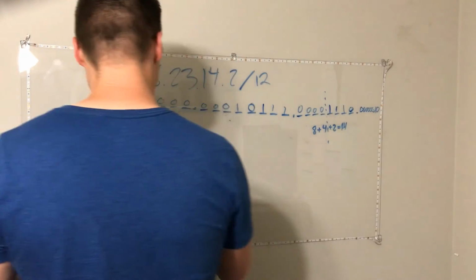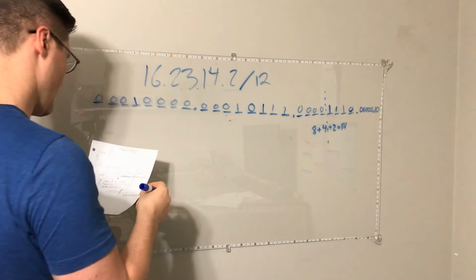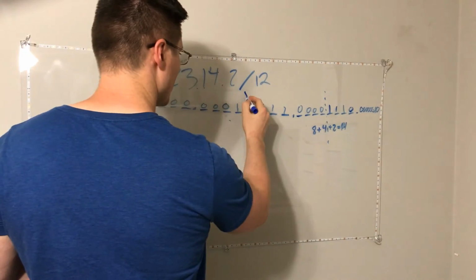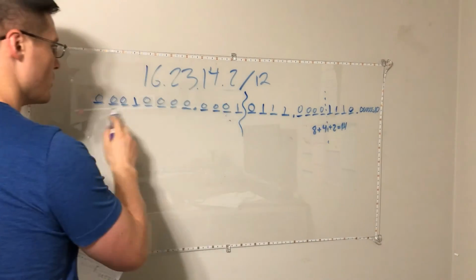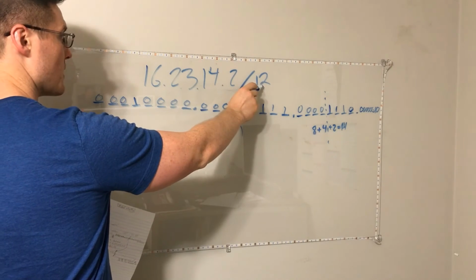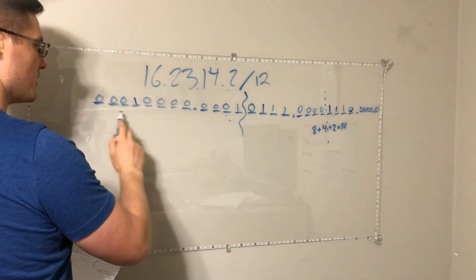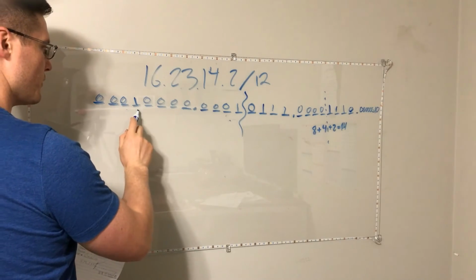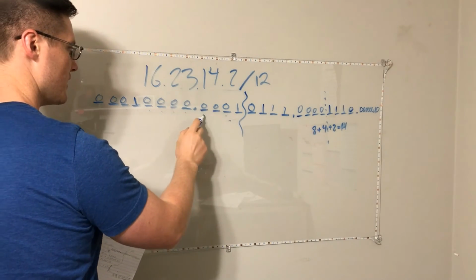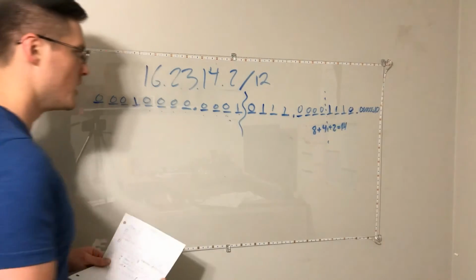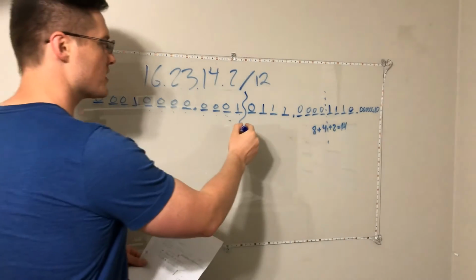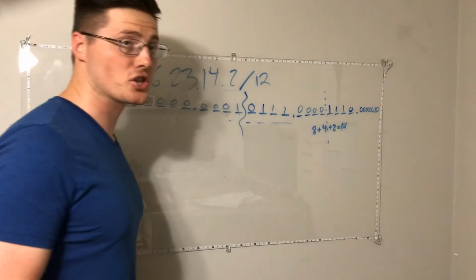So in this scenario, let's focus on this slot right here. This determines the subnet mask position. You have 12 to the left, 1, 2, 3, 4, 5, 6, 7, 8, 9, 10, 11, 12, and everything to the right is subject to change.